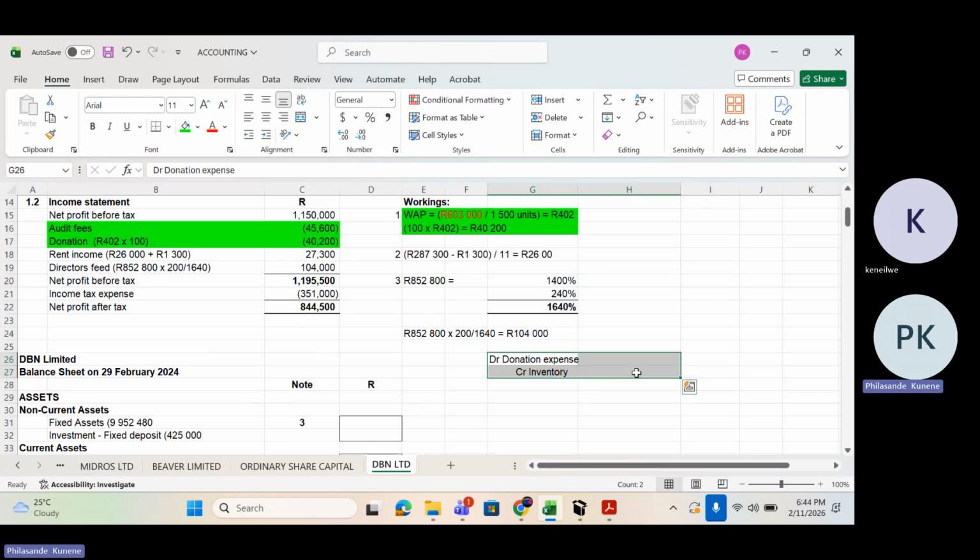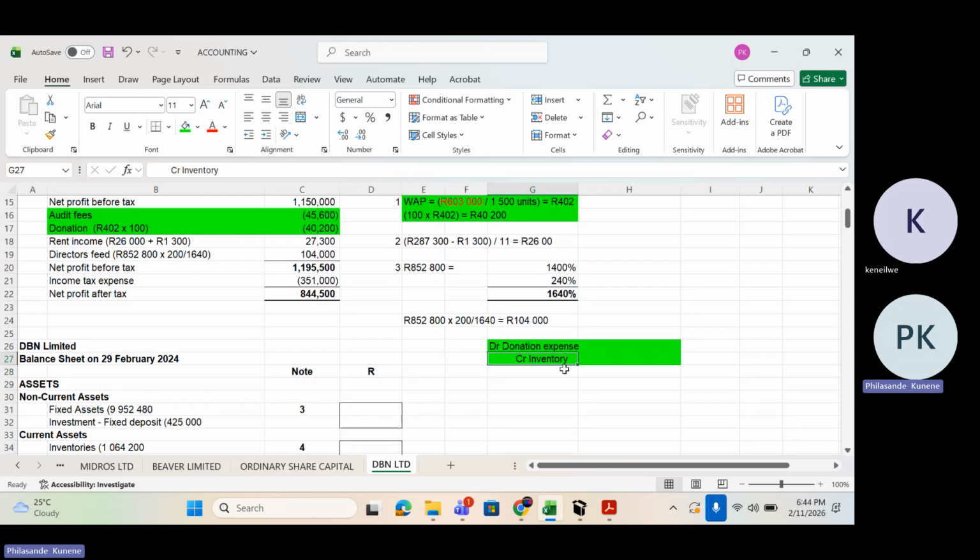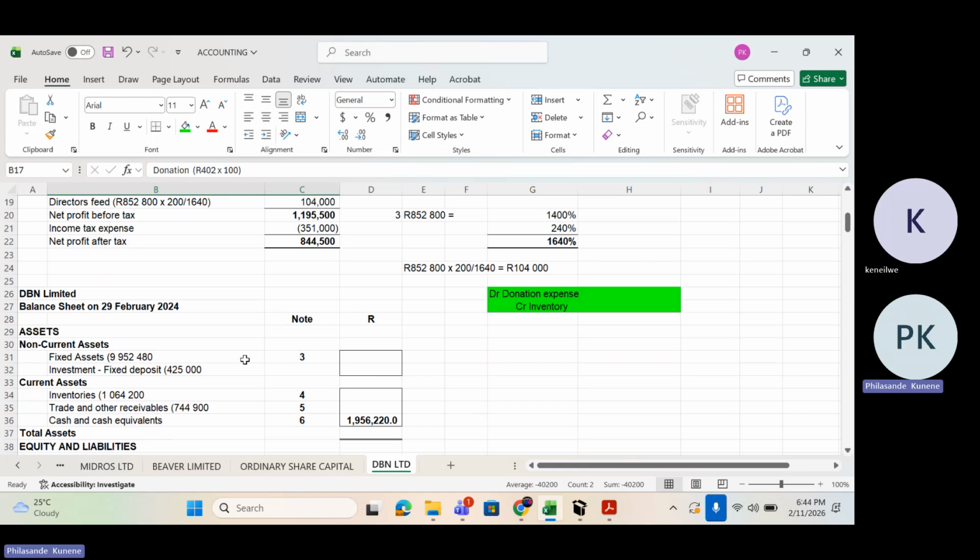When you debit donation expense, you're increasing your expense. When you credit inventory, you're decreasing your asset. So that 40,200 should be added as part of expenses as we did there, but at the same time it should be subtracted on the inventory. So I need to come here and say minus 40,200.